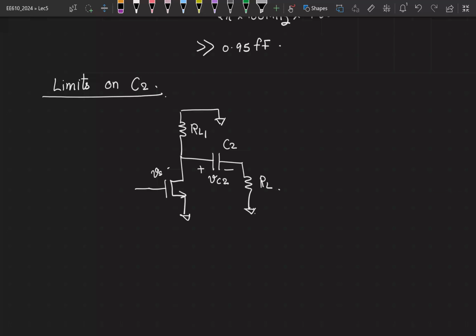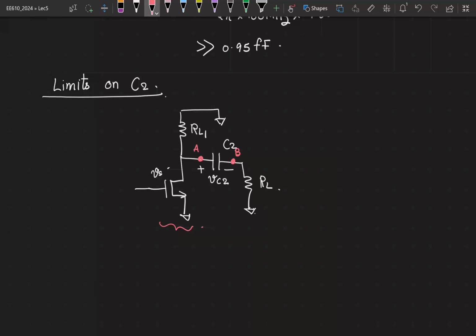So we repeat the same process. We find out what is the equivalent resistance that is coming across C2. How much is that? What happens to your transistor during the calculation of equivalent resistance? When you are calculating Thevenin resistance, what should you do to the voltage and current sources?